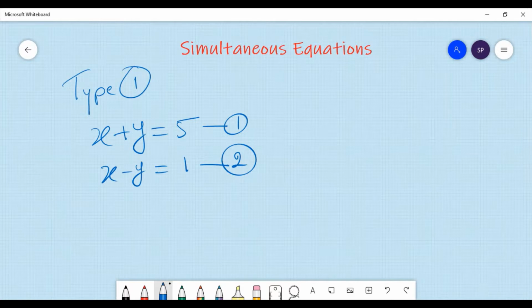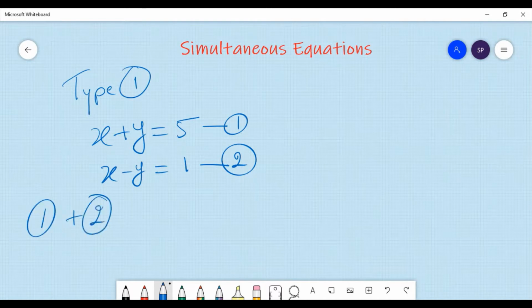You can eliminate x, or you can eliminate y, in this case y, because you have the same number of x and the same number of y. If you don't have anything in front of a letter, you can automatically assume it's a 1. Okay, good. Then we're going to add the two equations.